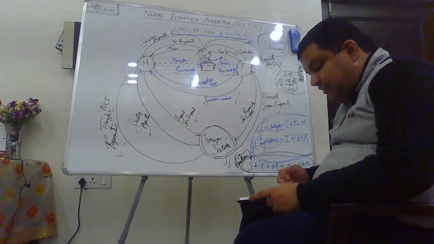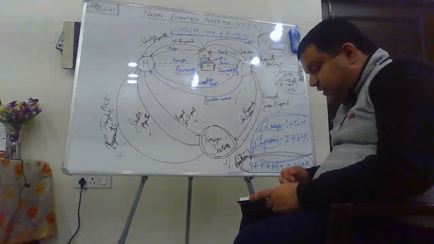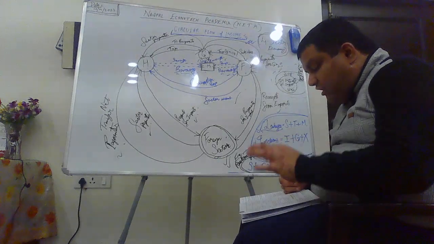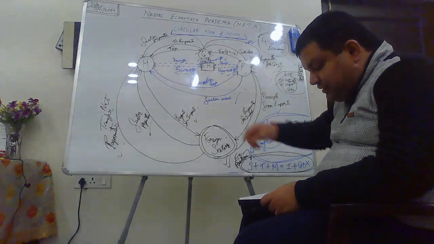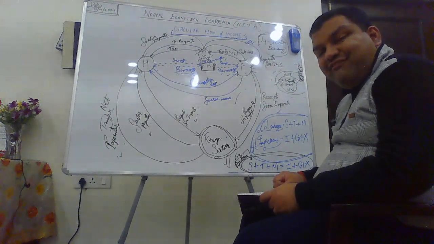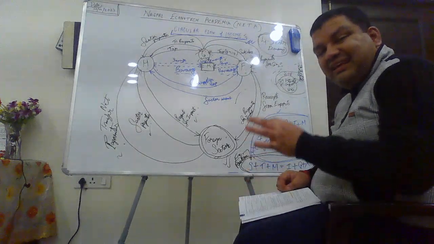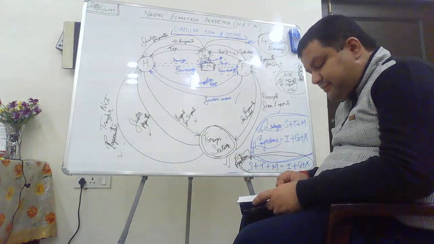Next, in a two-sector economy, the firms depend on households for the supply of factor inputs, that is land, labor, capital, and enterprise.